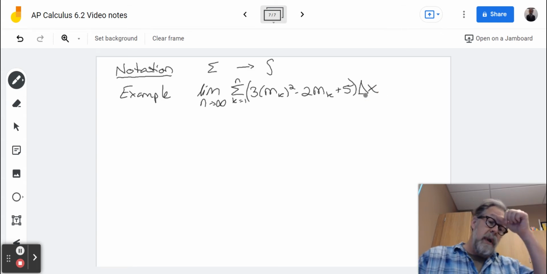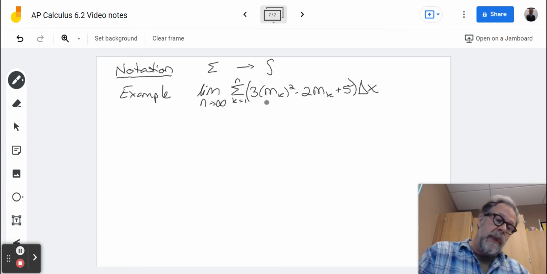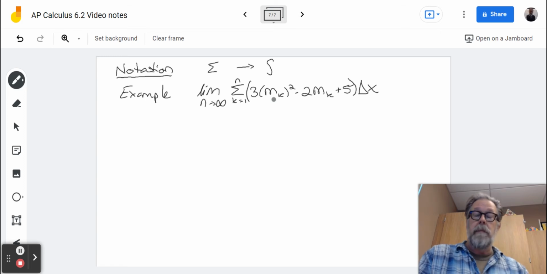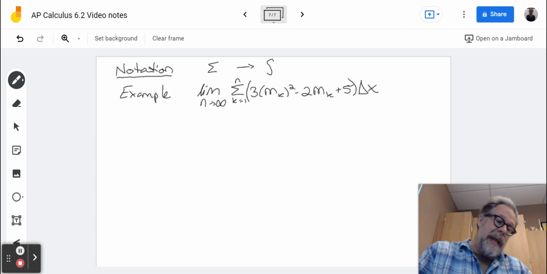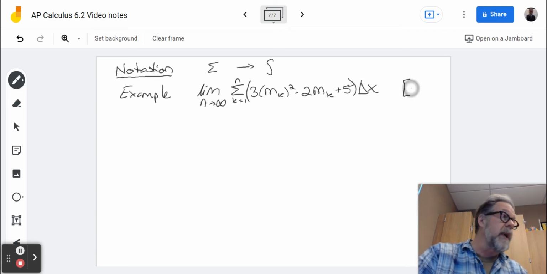Now remember that m sub k is the middle of each interval. And so we're taking 3 times the middle of each interval squared minus twice the middle of each interval plus 5. That will give us the height of each rectangle, and then delta x, the width of each rectangle. And we're going to look at this on the interval -1 to 3.